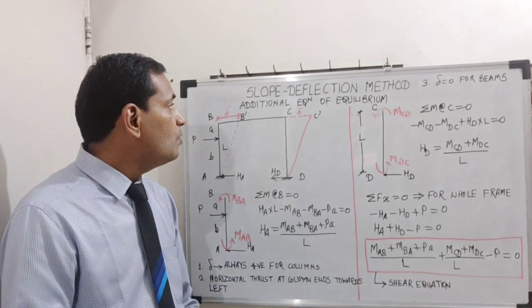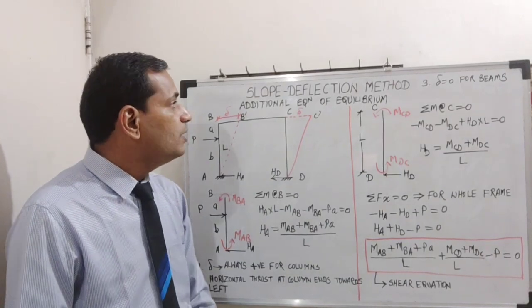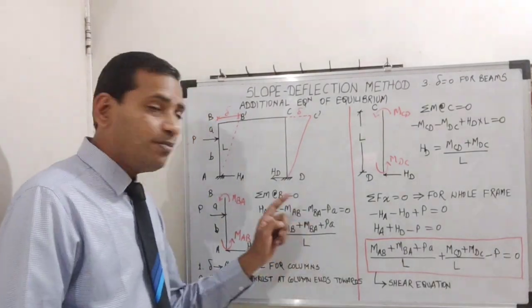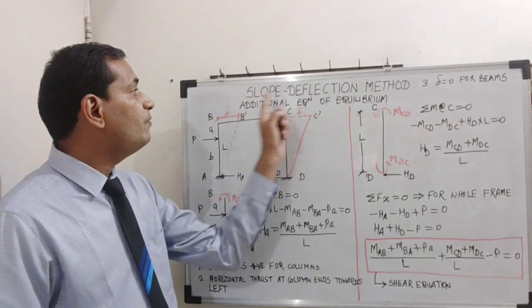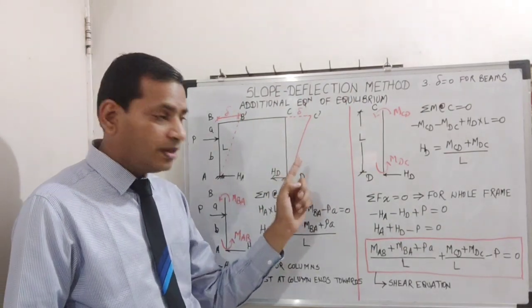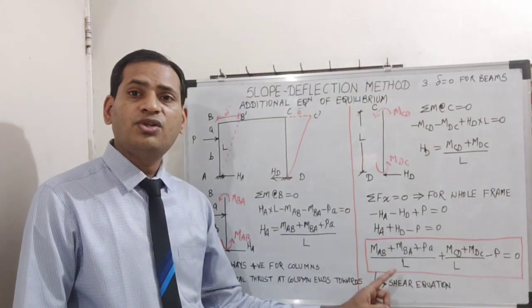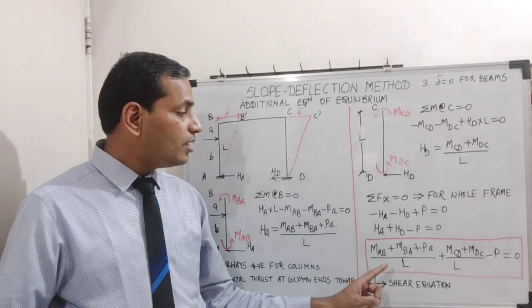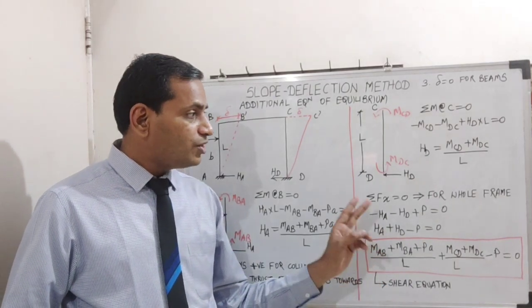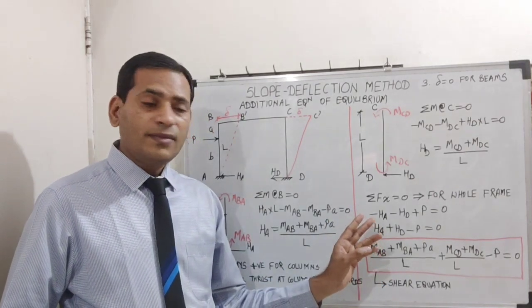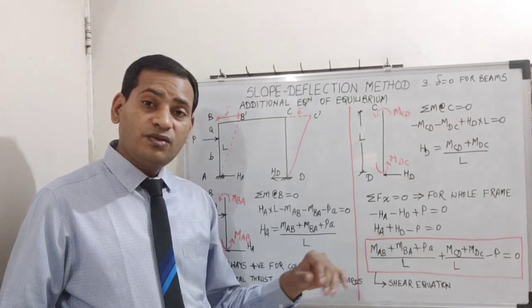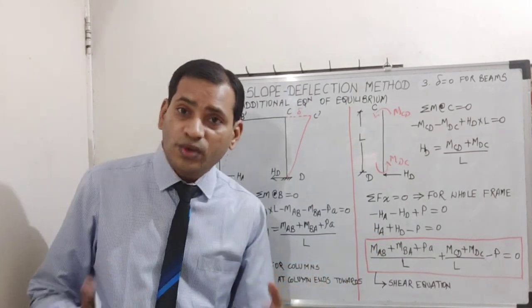Okay, so when you are solving a sway type of portal frame using the slope deflection method, you will need this additional equation of equilibrium. There are the usual two equations of equilibrium which are for rotations.